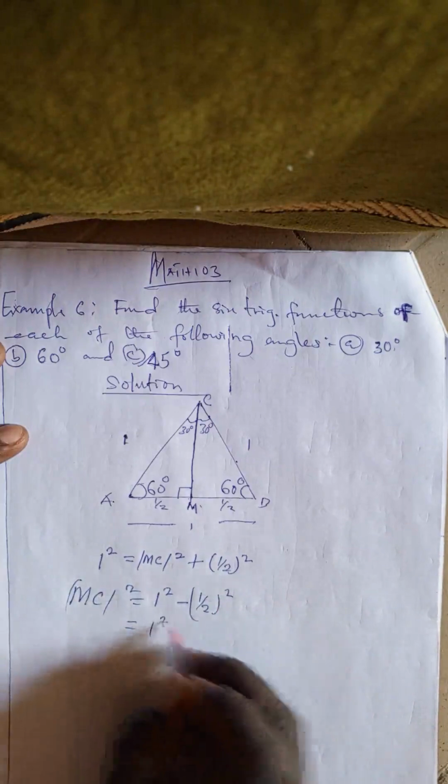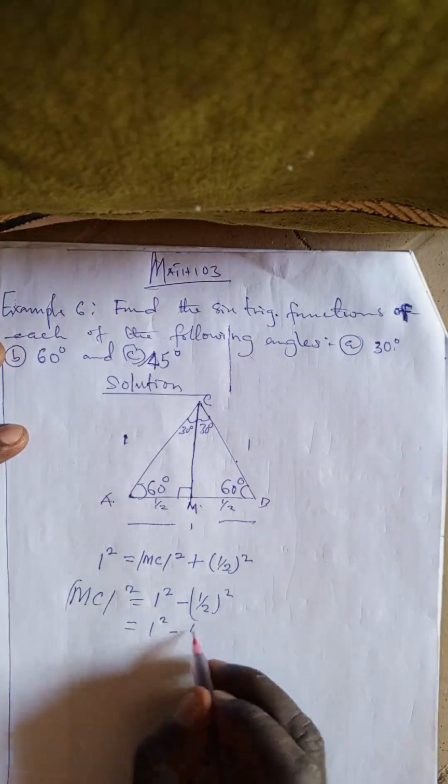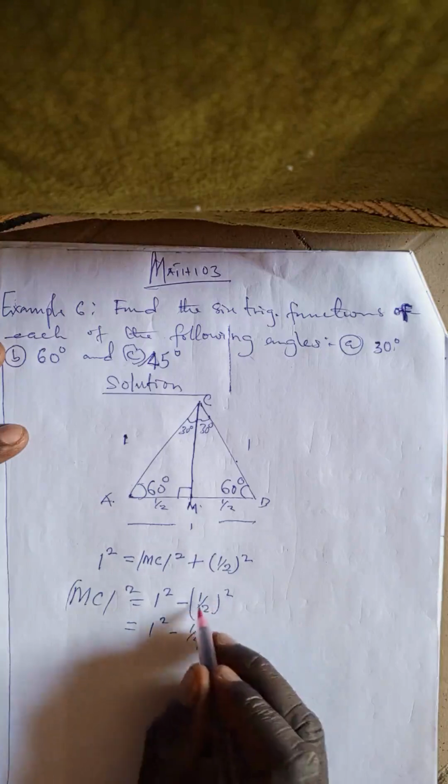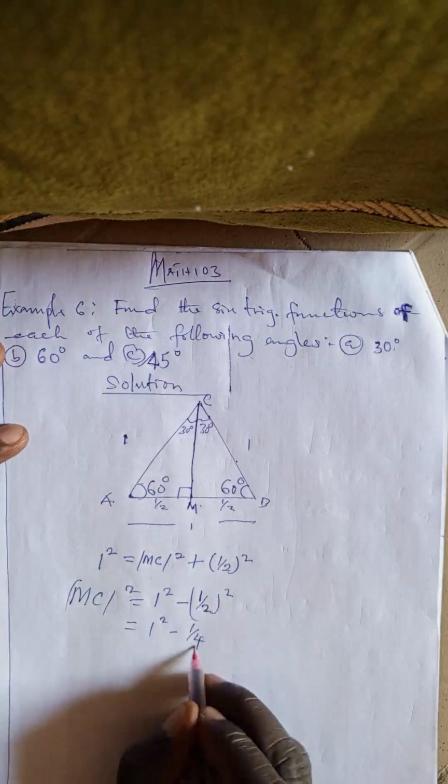This is equal to 1 squared minus 1 over 4, because when we square it, we have 1 times 1, 2 times 2, so we have 1 over 4.